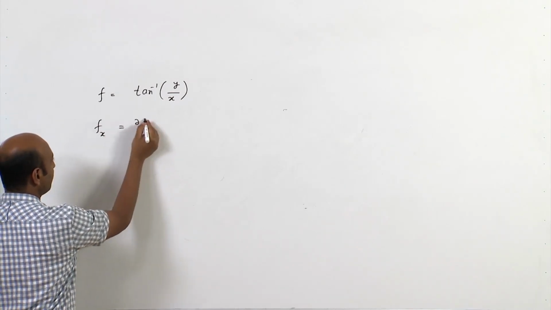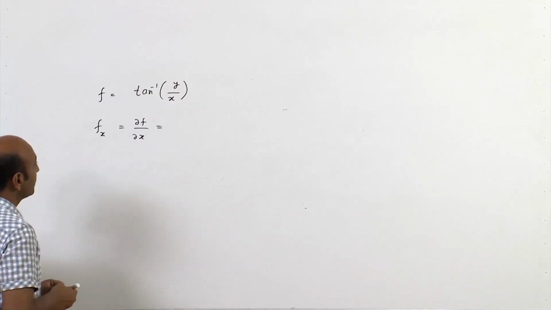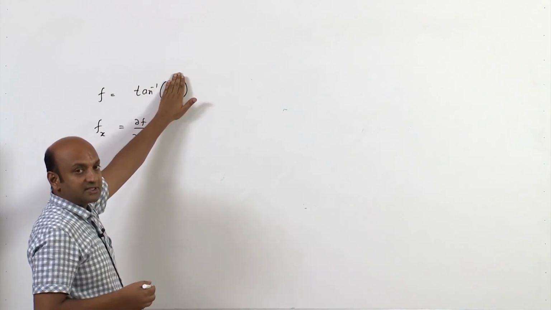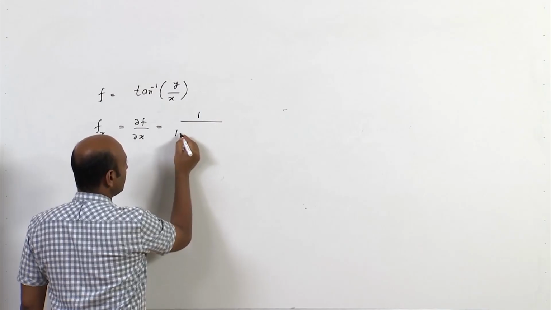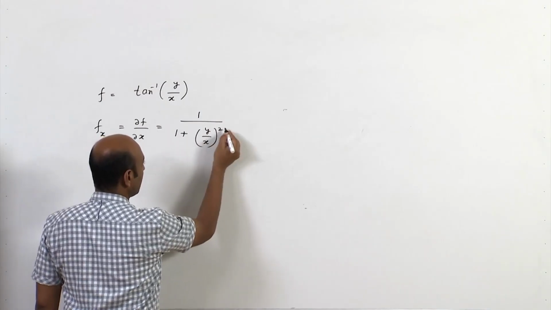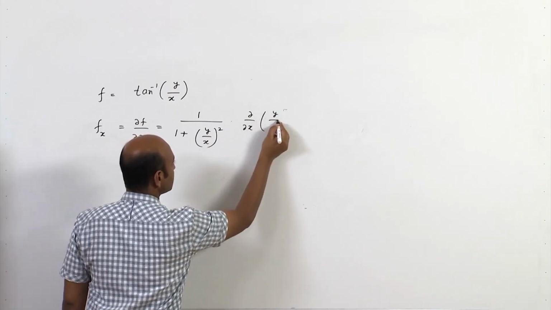Fx simply means del f upon del x. Now, if you want to compute this, it is tan inverse of something t. The derivative of tan inverse t is 1 upon 1 plus t square, and then del by del x of t, which is y upon x.